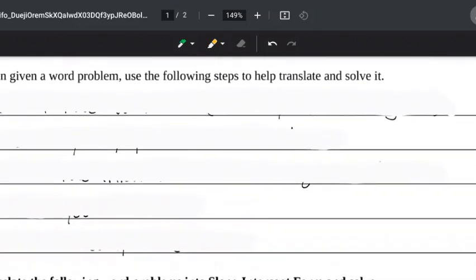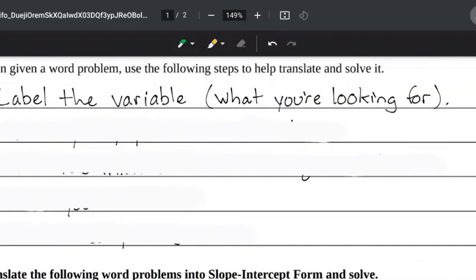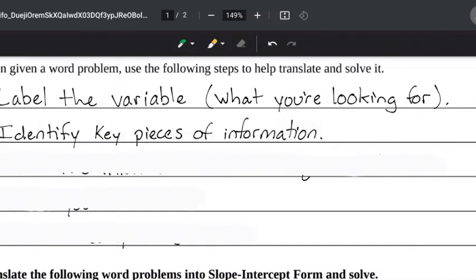So, in order to do this, we have 5 steps that we can follow. Our first step is to label the variable or what you're looking for. So we're going to read through the problem, identify our variable, and label it. The second step is to identify key pieces of information within the situation.